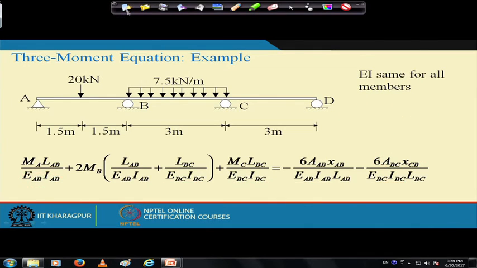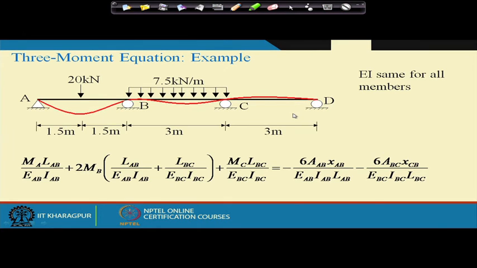Now, quickly let us see what happens if the condition is slightly different. Now, this is the deflected shape of this problem. We have just now drawn the bending moment diagram, and this will be the deflected shape. This deflected shape is not the actual one, it is a normalized, scaled deflected shape. The main thing is to have an idea about the deflection of this beam.